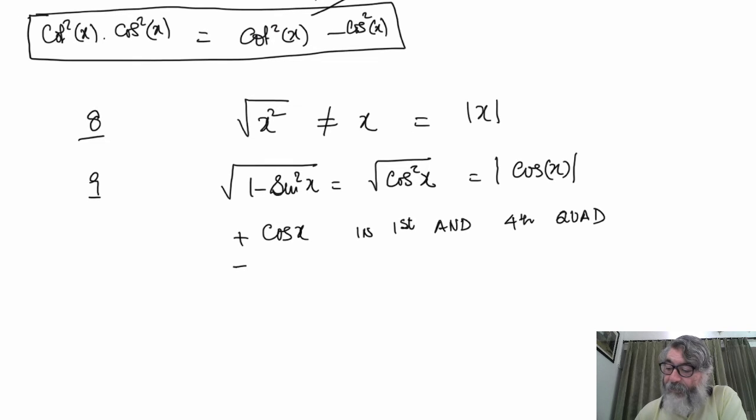But it will be minus cos x in second and third quadrant. Is that clear?